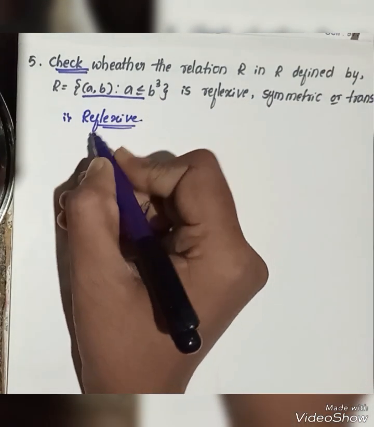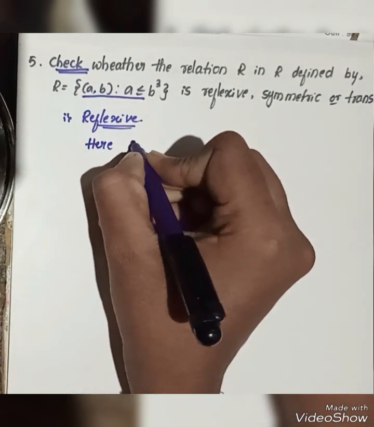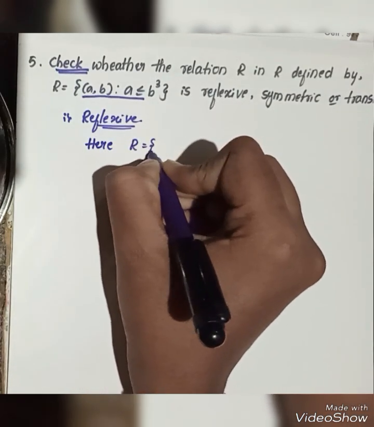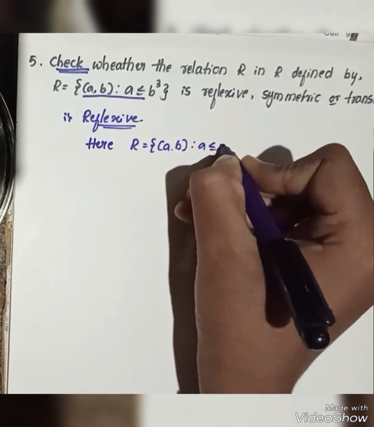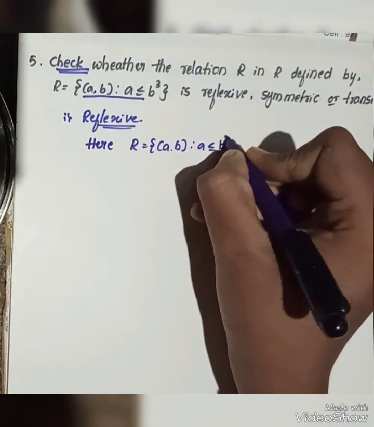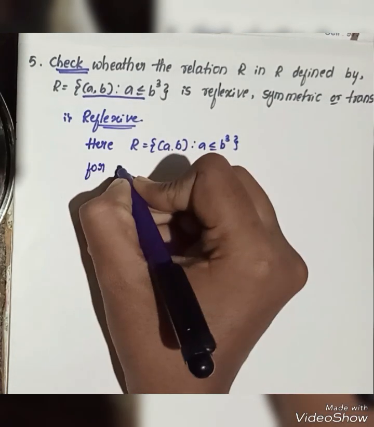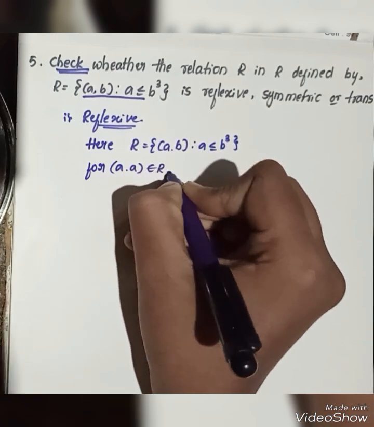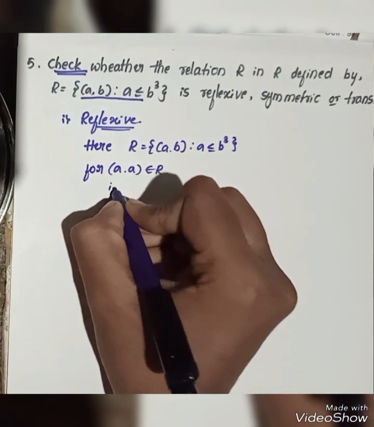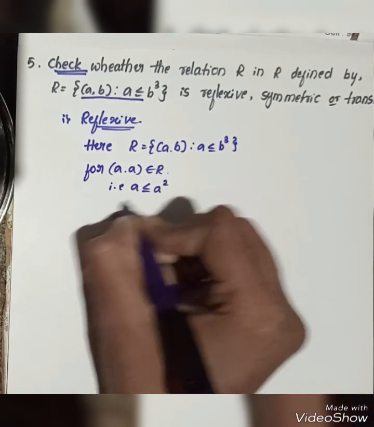Here, R is equal to {(a, b) such that a is less than or equal to b cube}. For (a, a) belongs to R, that is a is less than or equal to a square.